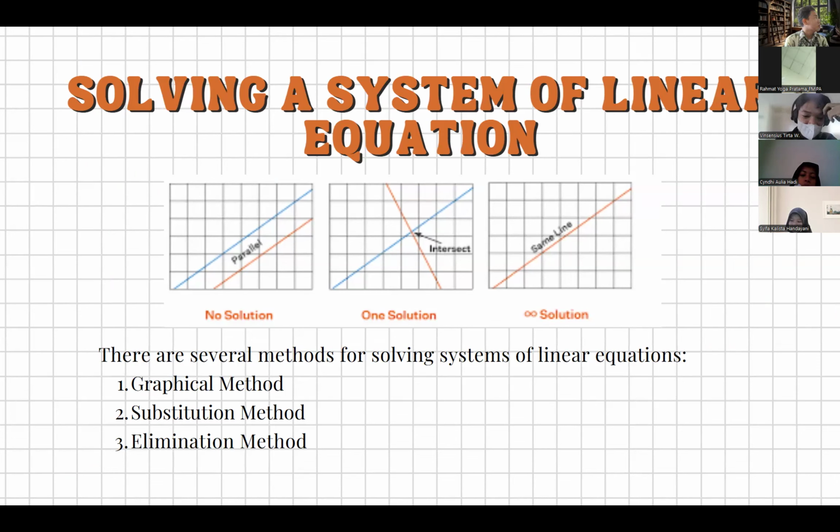Then there are several methods for solving a system of linear equations. One is the graphical method, the second is the substitution method, and the third is the elimination method. Next slide, please.